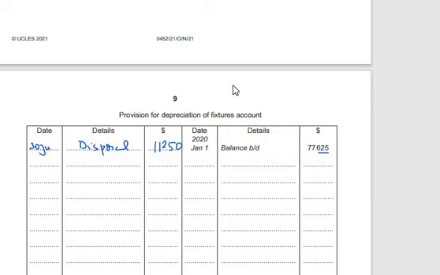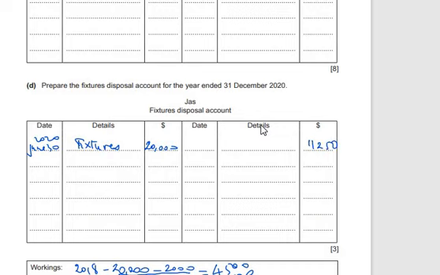So we go to the disposal account. We debit provision for depreciation to remove it. I told you provision for depreciation will have a balance brought down on the credit side. So to remove it means we debit here and then we credit in the disposal account 11,250, and this will be provision for depreciation, 30th June 2020.